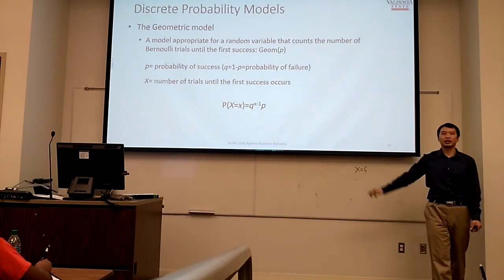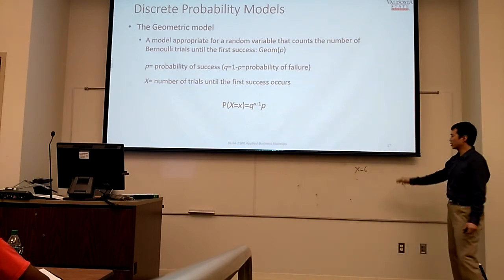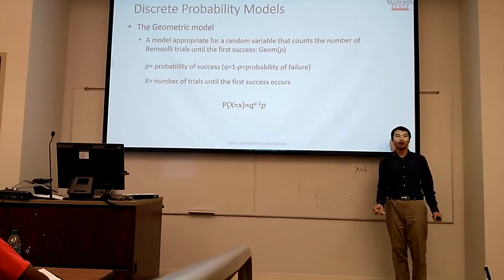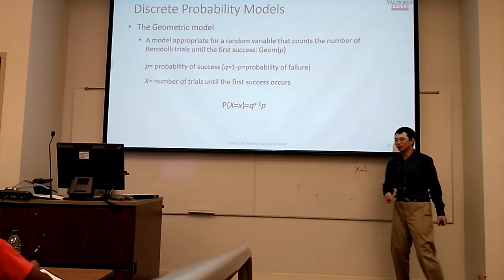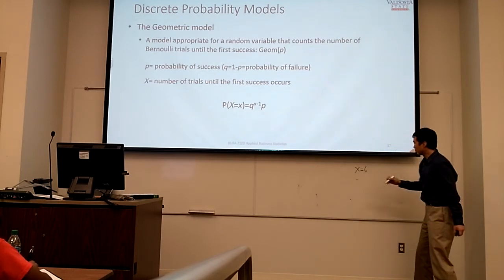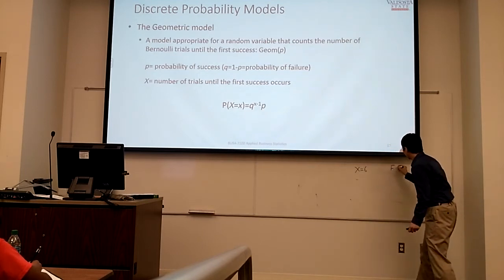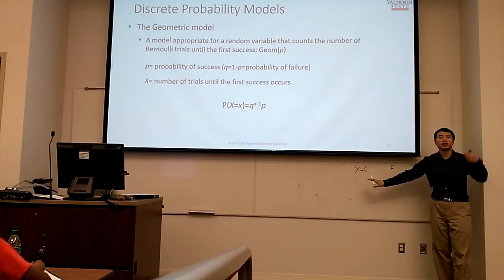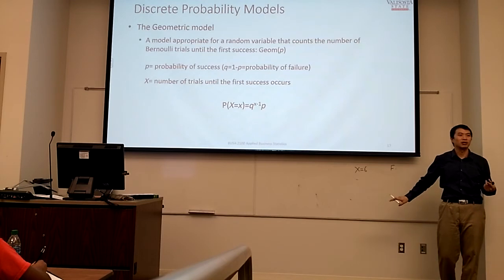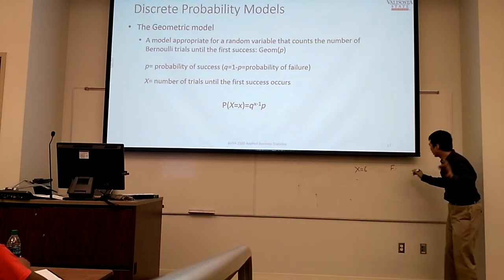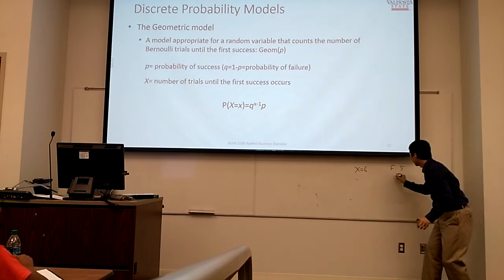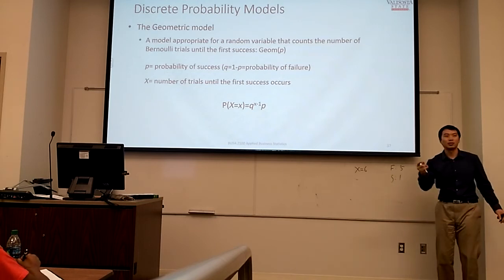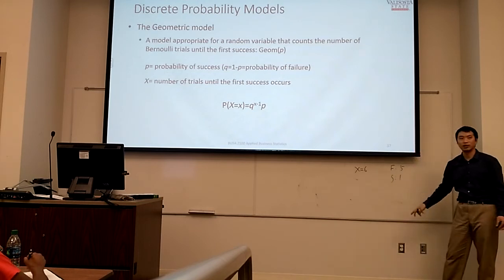So for example, our X is equal to 6. That means we try 6 times to see our first success. How many failures do we have if we try 6 times to see the first success? We see 5 failures, right? And the last time, the 6th time, we see a success.